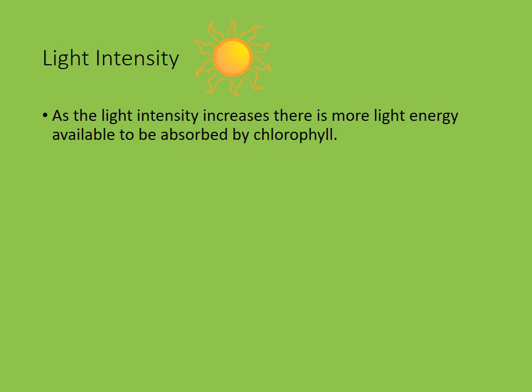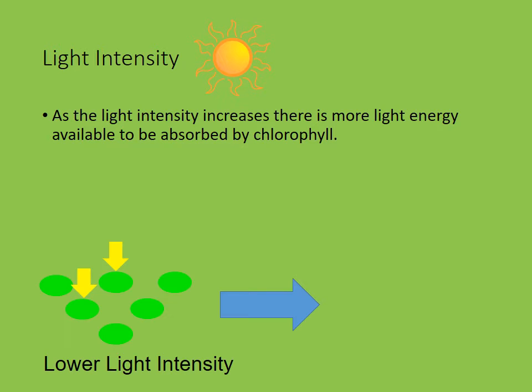Light intensity. We're thinking here about the amount of light energy that's falling on the chlorophyll. So if we increase the amount of light energy, that means there's more energy to be absorbed by chlorophyll, and so more energy to drive the reaction. We can represent this down here, where each of these little green ovals is a chlorophyll molecule, and it can absorb light energy, which we're representing with these yellow arrows.